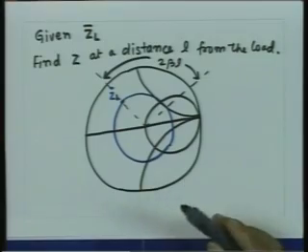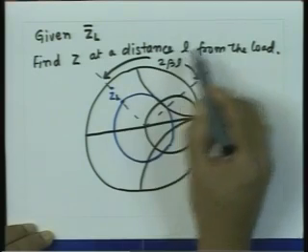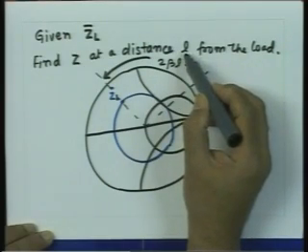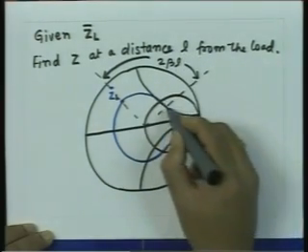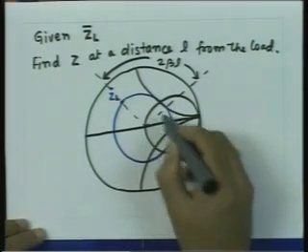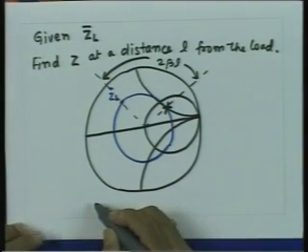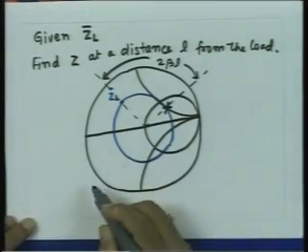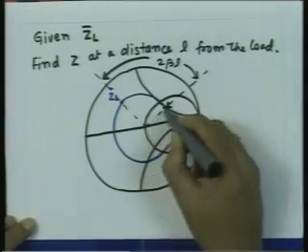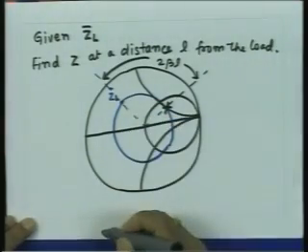This sense of rotation is very important in doing all transmission line calculations. So, if I move in the clockwise direction by an angle of 2 beta L, I would reach the location L on the transmission line. So, this point here would correspond to the reflection coefficient at a distance L from the load. The magnitude of the reflection coefficient remains the same as this.